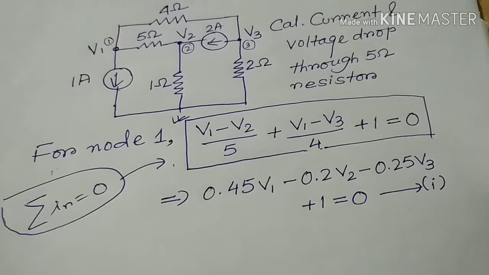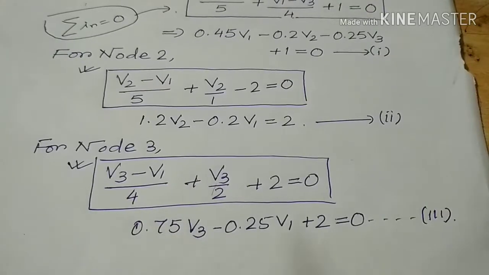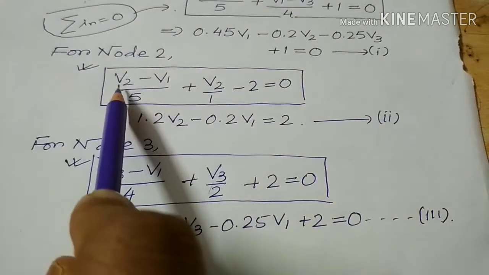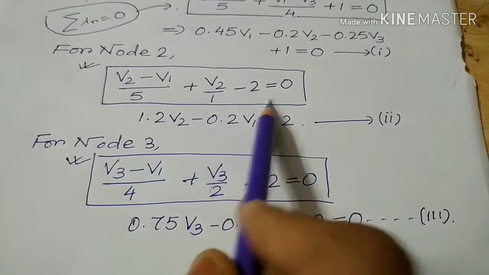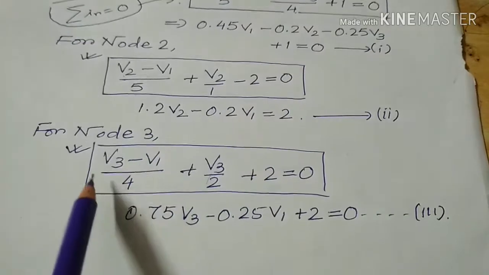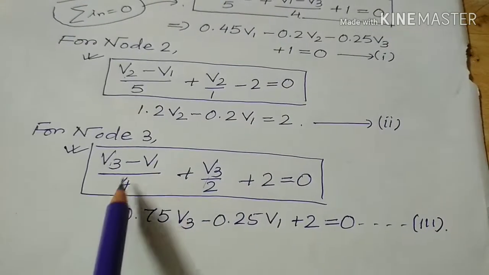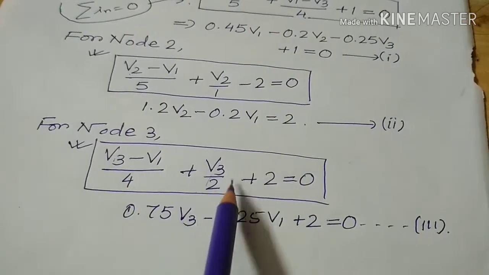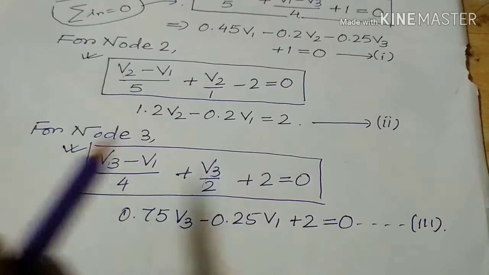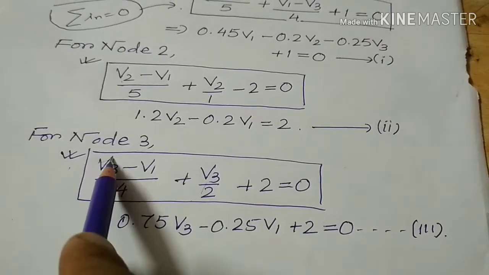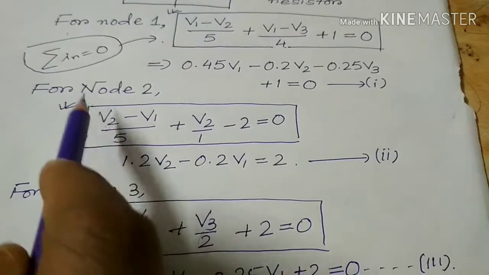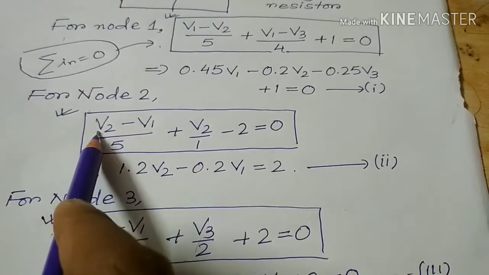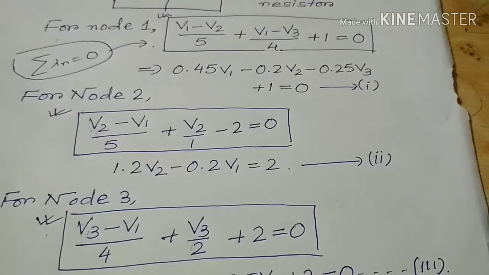So for node 2 the equation is (V2 minus V1) by 5, plus V2 by 1, minus 2, equal to 0, and for node 3 it is (V3 minus V1) by 4, plus V3 by 2, plus 2, equal to 0. In node 3, V3 is the highest positive potential and in node 2, V2 is the highest positive potential.